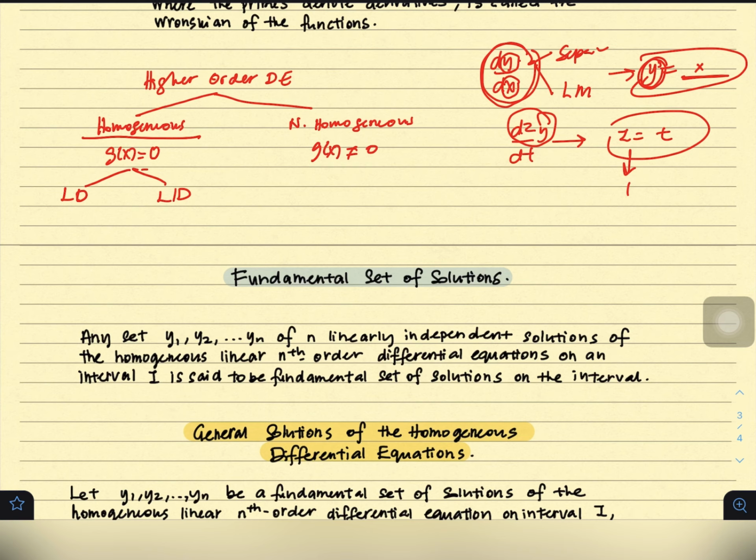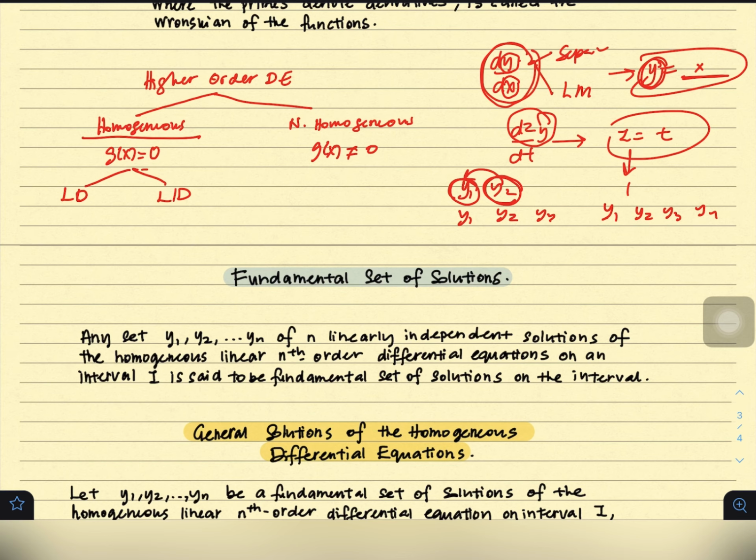Because now we are talking about higher order differential equations, which means that we will have more than one solution. It's either 2 solutions y1, y2, or 3 solutions y1, y2, y3, or 4 solutions y1, y2, y3, y4, or 5, 6, 7 and many more solutions according to the order of the differential equation. Therefore, we need to know whether a solution is dependent on or independent of the other solutions.